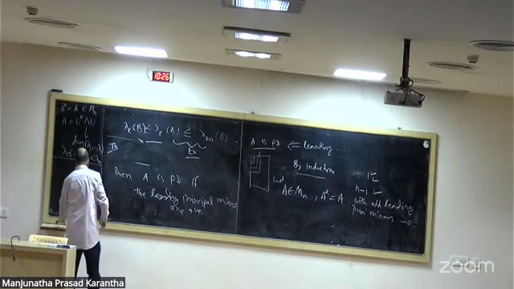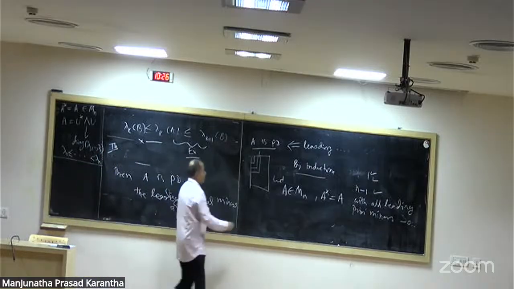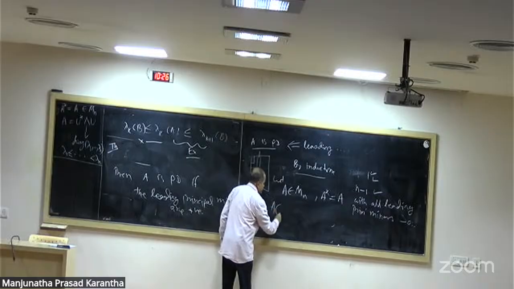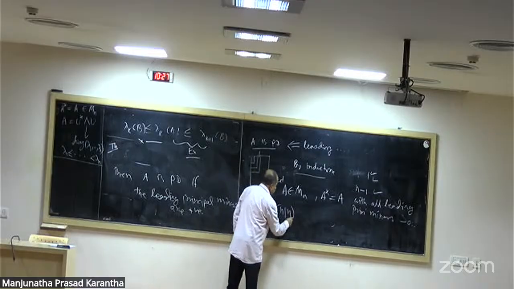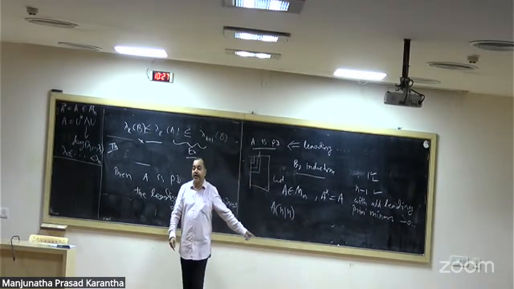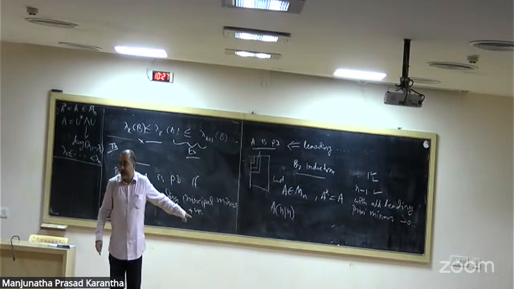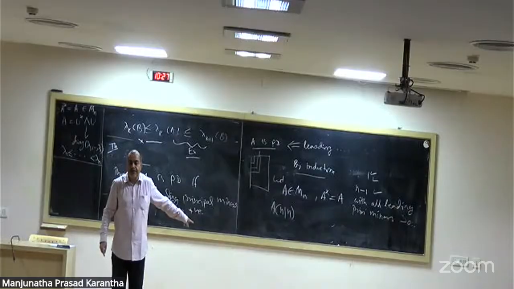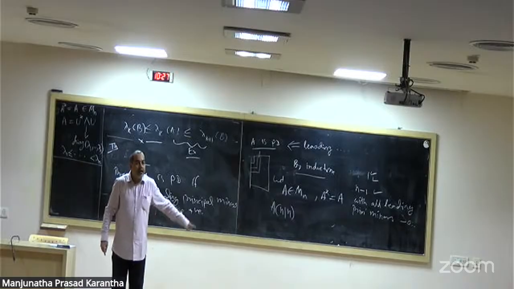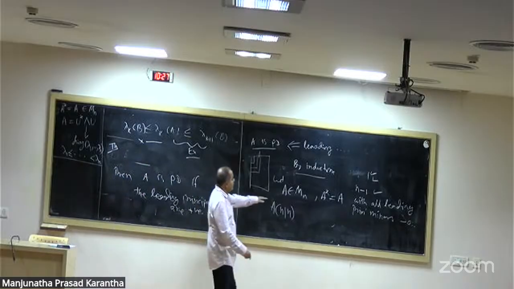Now what about A(n,n)? This is the principal submatrix obtained by deleting the nth row and nth column of A. Now, does this satisfy the hypothesis?